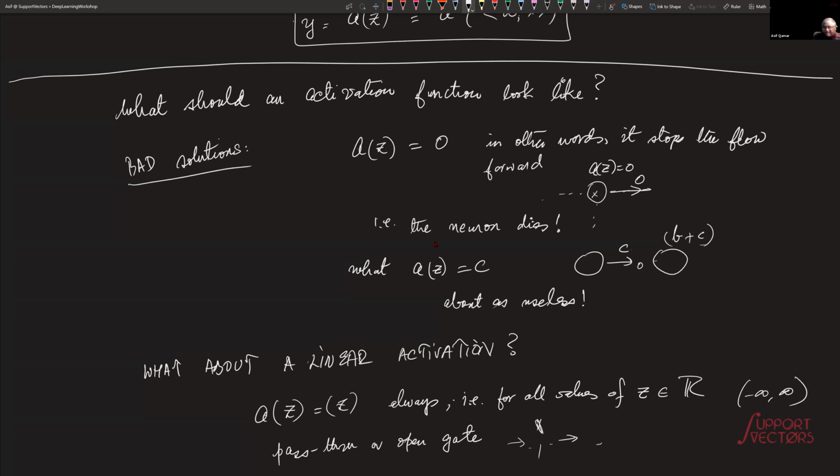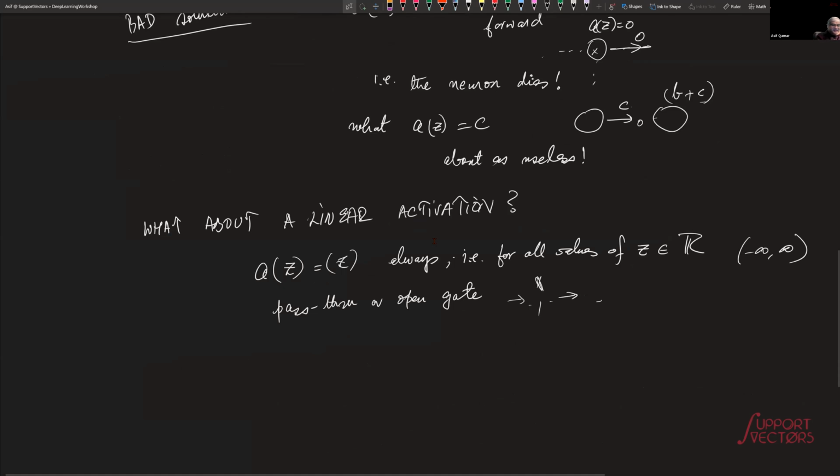So that's what a linear activation function is. And its variant could be C times Z. So up to a multiplicative factor, it just scales it.